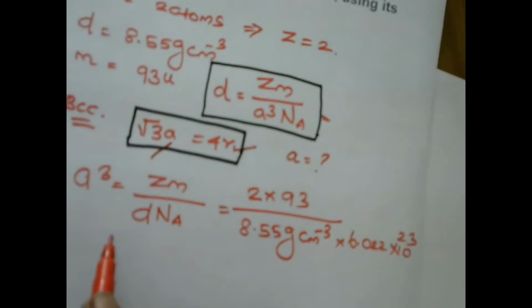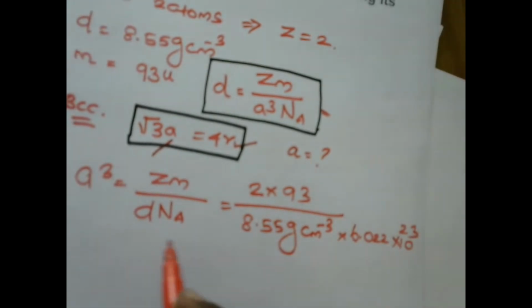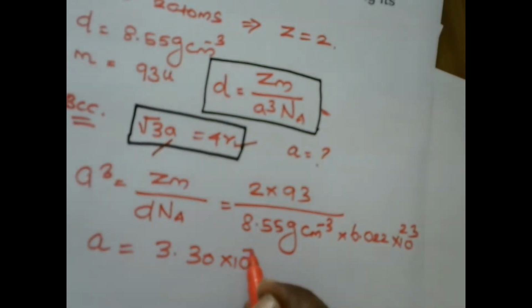So A cube is equal to these things. If we solve this equation, you will get A is equal to 3.30 into 10 to the power of minus 8 centimeter.